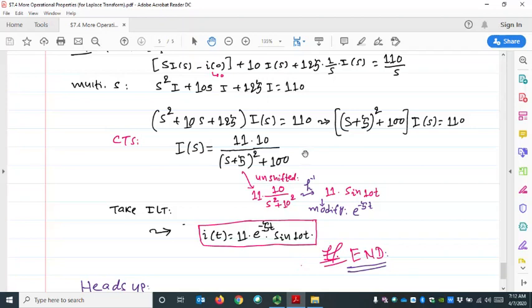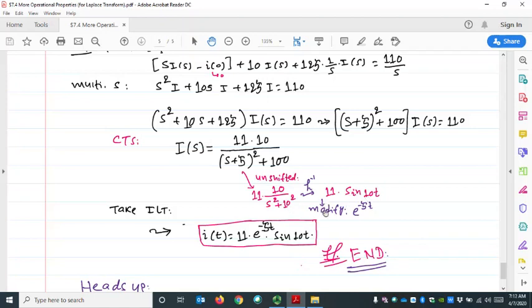Then let's take the inverse Laplace transform. First unshift. The unshifted form is 11 times 10 over s squared plus 10 squared. Don't worry about this constant 11, keep it as it is. The inverse Laplace transform of 10 over s squared plus 10 squared is simply sine of 10t.